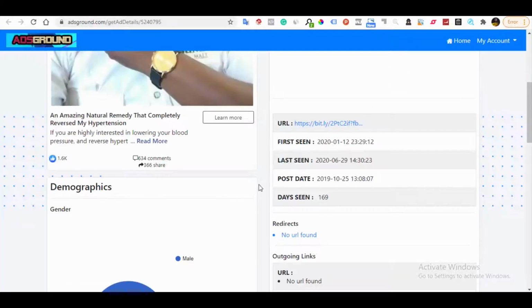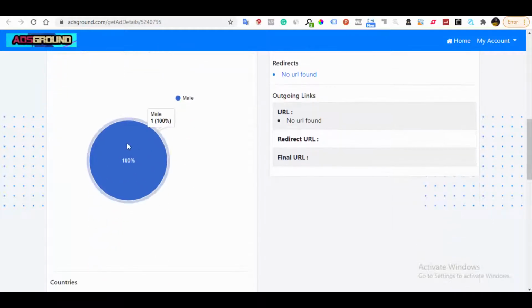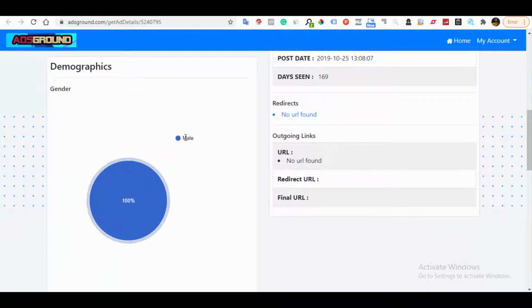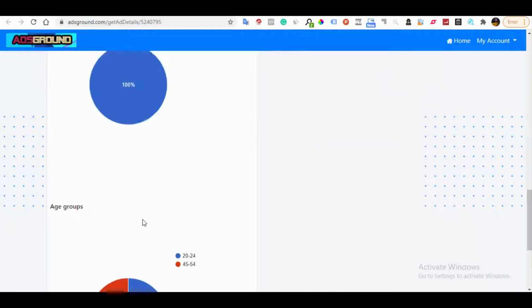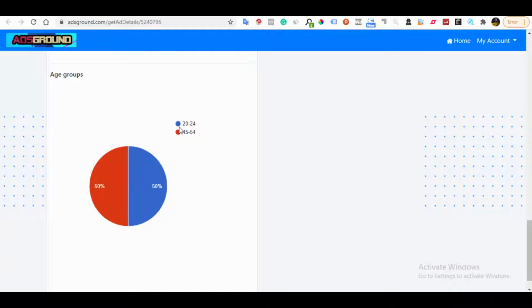Let's see what they're saying right there. You can see their demographic here is 100% male. They don't target females. And look at the age group that they are targeting: 20 to 24 and 45 to 54.